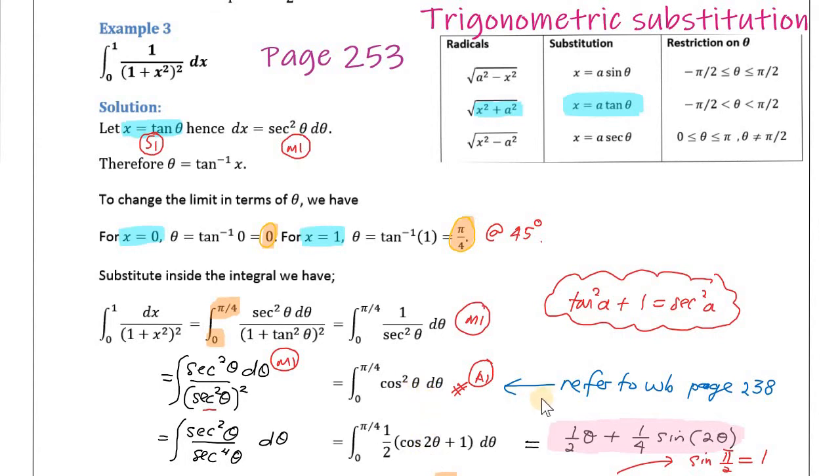To get to the answer, basically you are supposed to use the double angle formula in the working. Make sure that you show all the working until you get to the answer of the integral. And yes, we have to put down the boundary because it's a definite integral. Our boundary is from 0 to pi on 4.